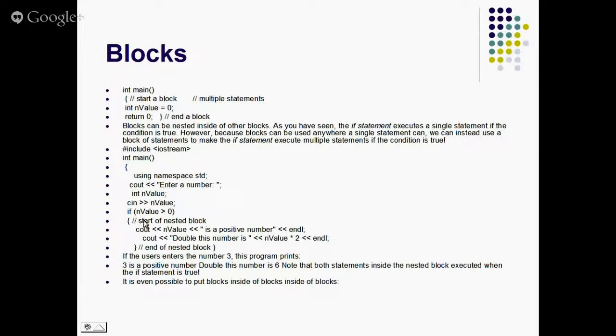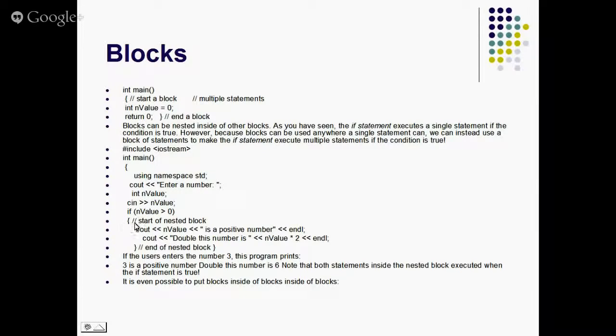And after this, we are checking is n value greater than 0. So this is the relational operator greater than, your variable n value just declared, and the if construct. This is how you put the condition. You put the condition in parentheses, as they are called. These round brackets are called parentheses. So if n value is greater than 0, again there is a set of statements belonging to if.